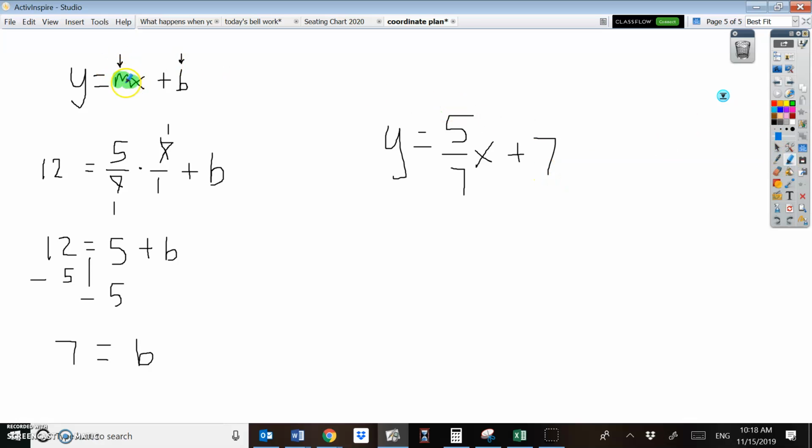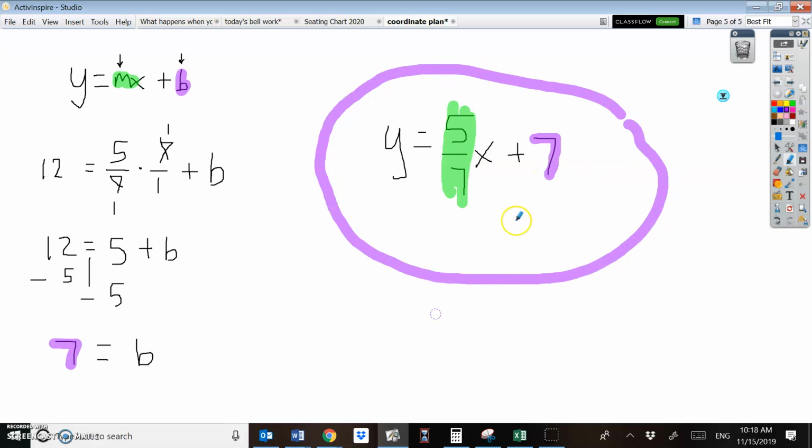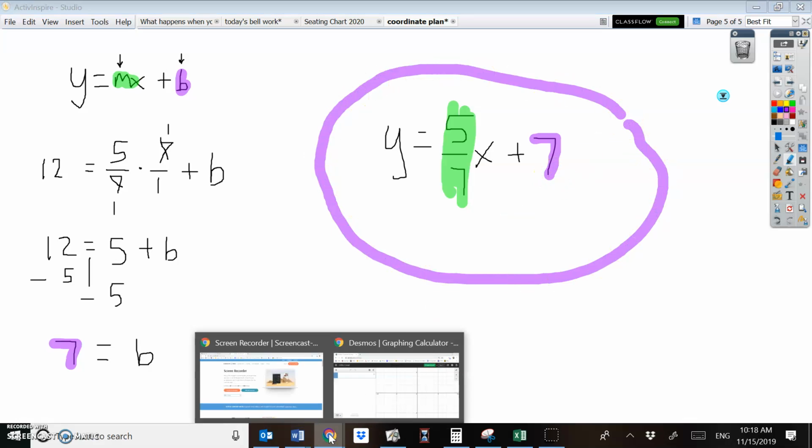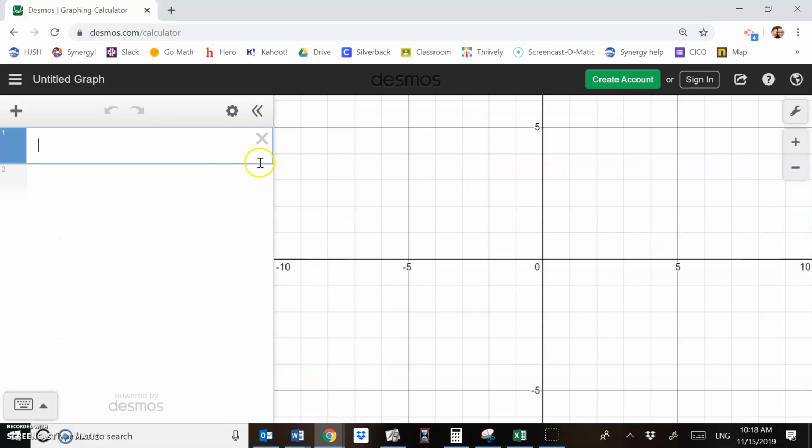So slope right here is green. And the y-intercept right here is purple. And we figured that that was 7. And that 7 is right here. Now this we're going to put into a graphing website and see if we get the same graph.